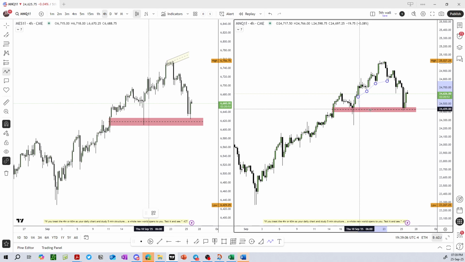So the next time that price trades into it, we want to observe, utilize our critical thinking skills, and see if price is going to react to that level. And you can still see here that price reacted to the consequent encroachment of that bullish fair value gap.